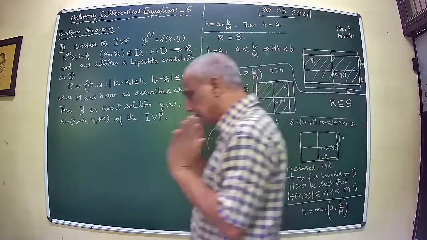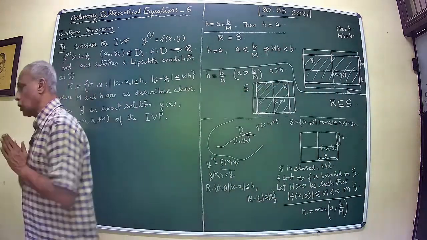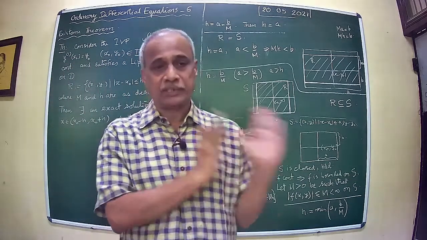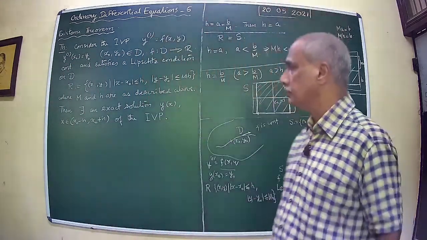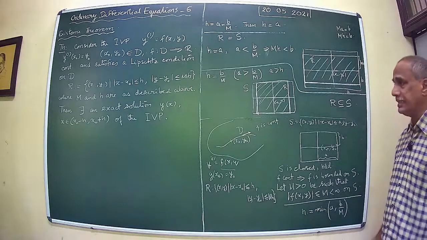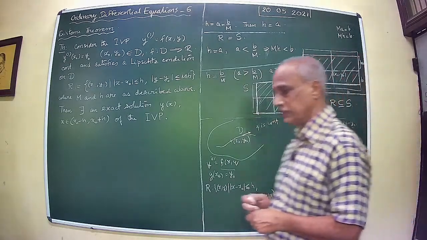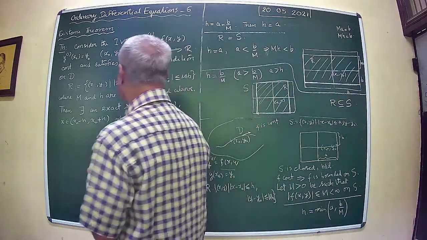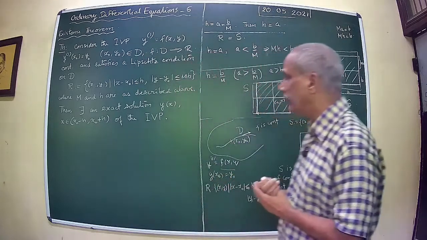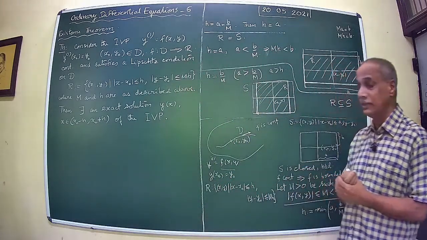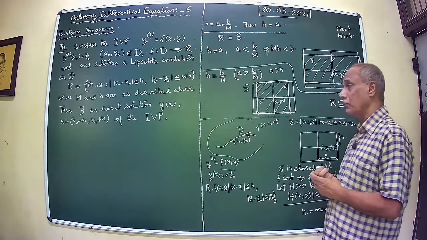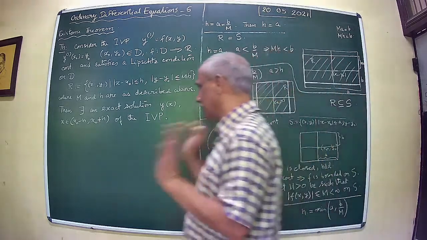And what the theorem says is this: on the interval x0 - h to x0 + h, that is the h neighborhood of the point x0, a solution of the initial value problem exists.